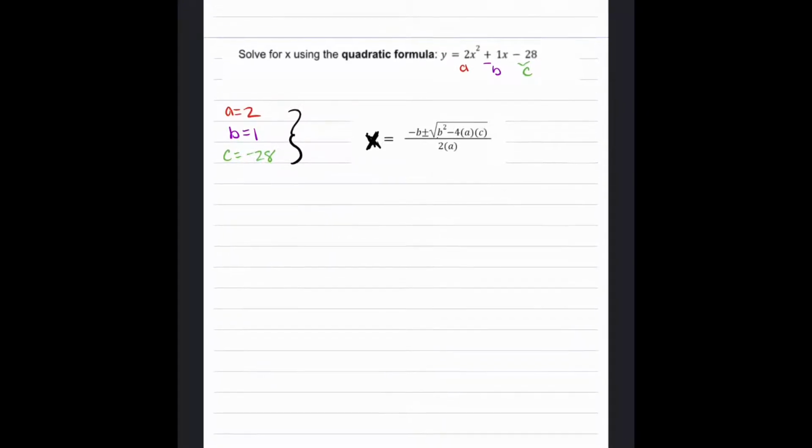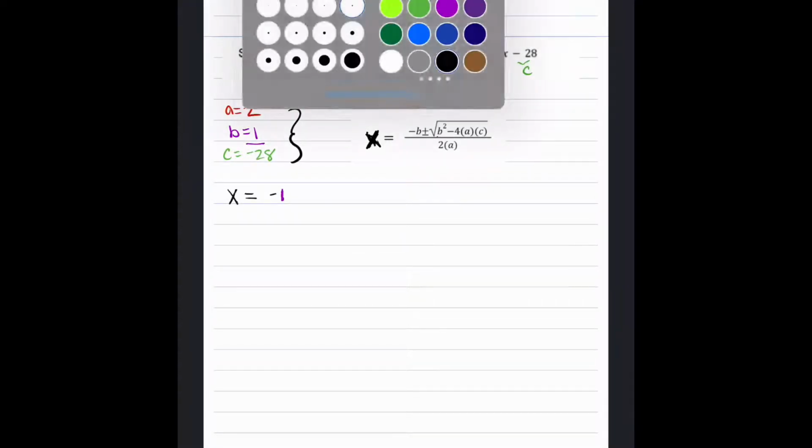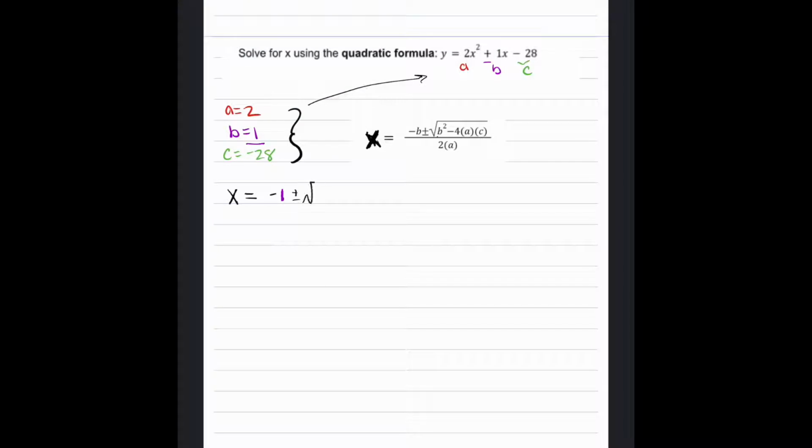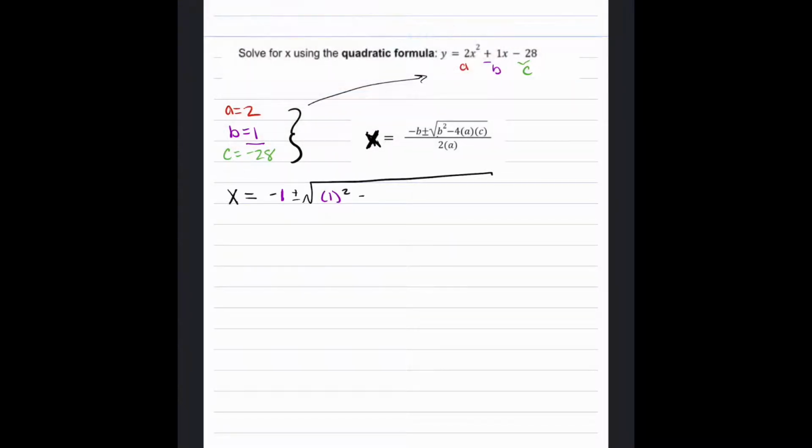I'm going to take these values that I determined over here and plug them into my quadratic formula. So I have x is equal to negative, and my b term, which was just 1 right here, plus or minus the square root of b squared, b was 1, got to square it, minus 4 times a times c.